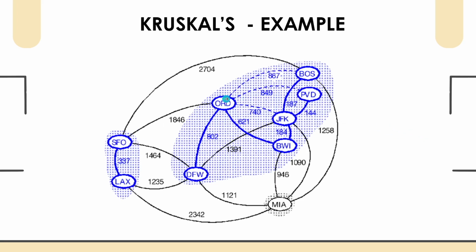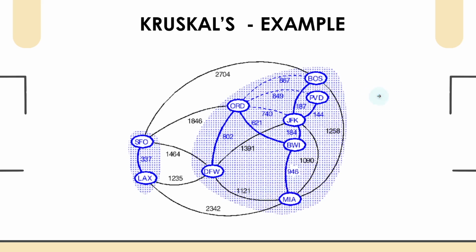Then we have to choose the other edge with the least cost. In our case it is 867. If we add that, then also there is a possibility of entering into a cycle, and so we just discard that edge. And the next possibility is including 946 here, and we add that to the minimal spanning tree.